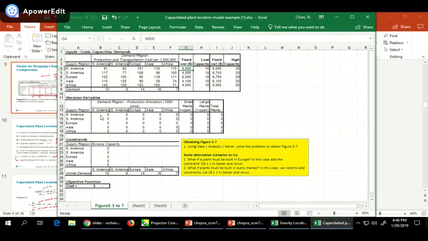So these values, we define to be our xij's, and under small plants and large plants, these are our yi's.